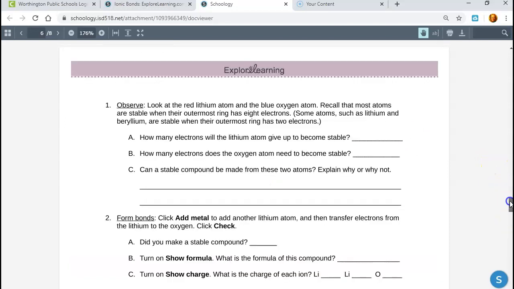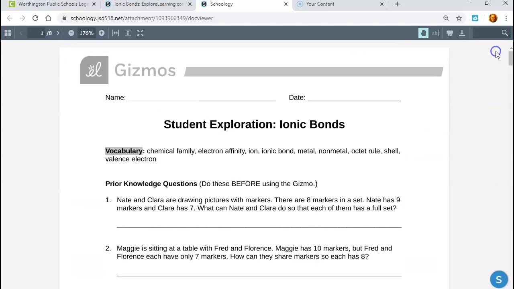This is a little intro to how this works. I'm going to make another video with some more details on ionic bonding, and hopefully you've seen the other links in your folder, so you can see electrons moving and all that good stuff.